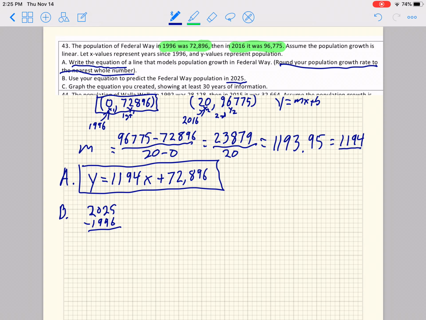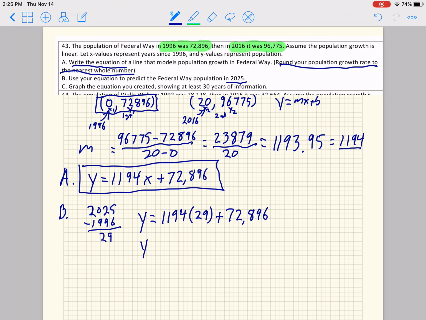So this is going to give me 29 years here. So y is my population. I've got 1,194 times 29 plus 72,896. So let me go ahead and try that out. 1194 times 29 plus 72,896.